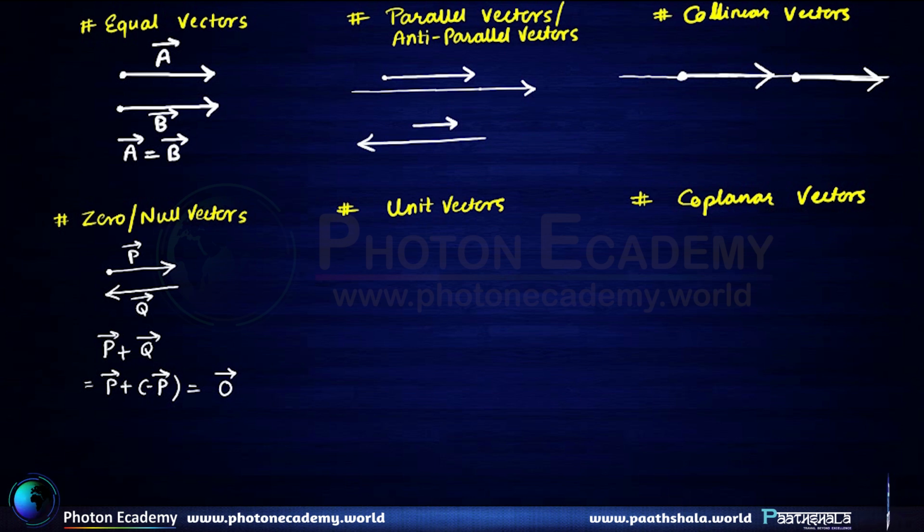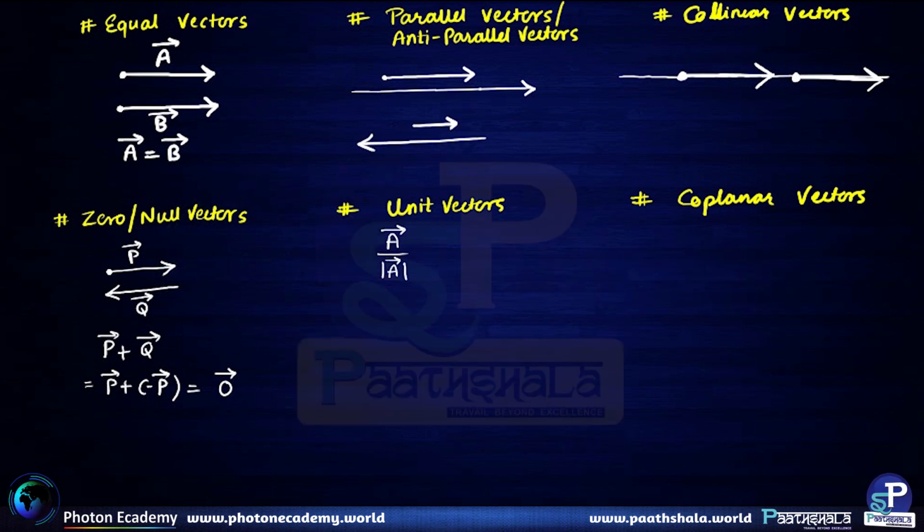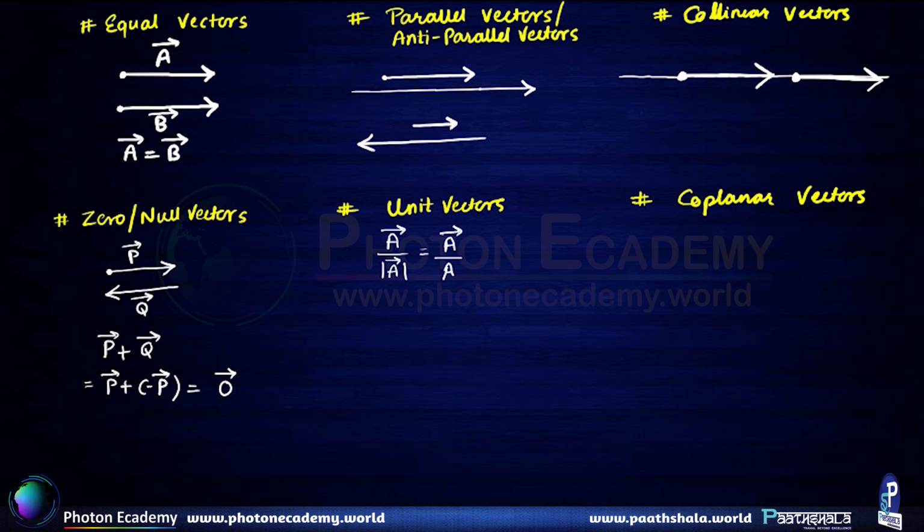Unit vectors are obtained by dividing a given vector with its own magnitude. So the magnitude of a vector is represented with vertical lines like a mod sign enclosing the vector symbol. So this is also represented like this: a bar divided by a. Only the letter a also represents the magnitude of vector a. So when we divide the vector a by its own magnitude, we get a unit vector in the direction of vector a.